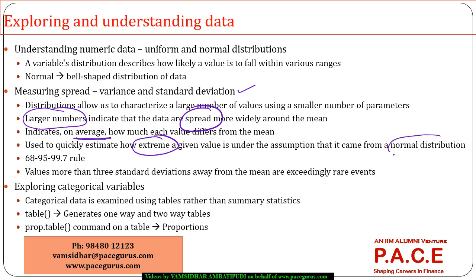If it is normally distributed data, there is an empirical rule which says approximately 68% of the data will lie between plus or minus 1 standard deviation of the mean.